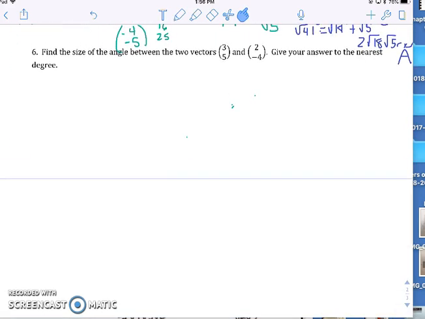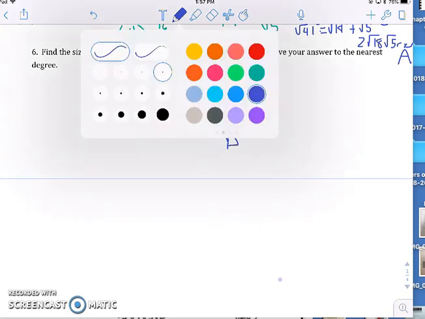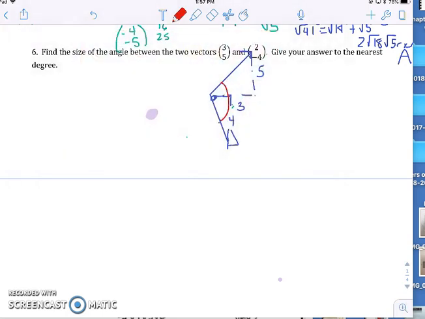And the very last one, find the angle. Okay, so let's see. So we have a vector. I'm going to start here. We go over 3 and up 5. And then we go over 2 and down 4. So we have to find the angle in between. So we have to find this angle.